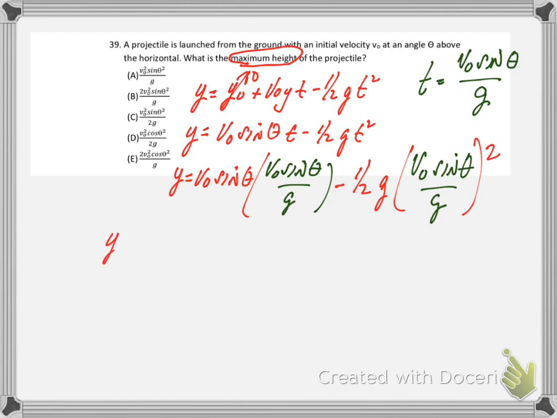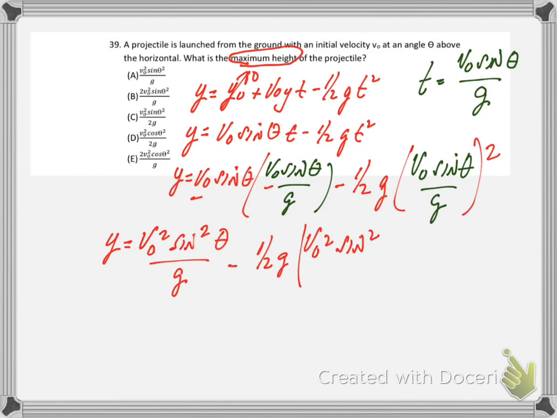Moving forward, we would get y equals, let's multiply v naught times v naught, and we're going to get v naught squared, sine times sine, sine squared theta, all over g, minus 1/2 g times, and let's take this out of parentheses, so it would be v naught squared sine squared theta over g squared.